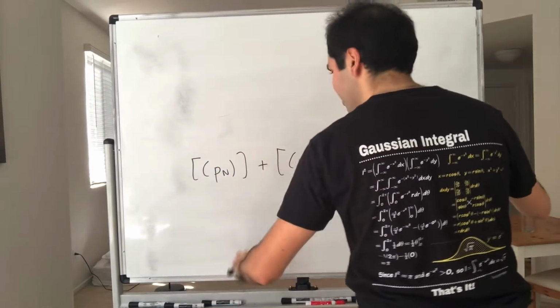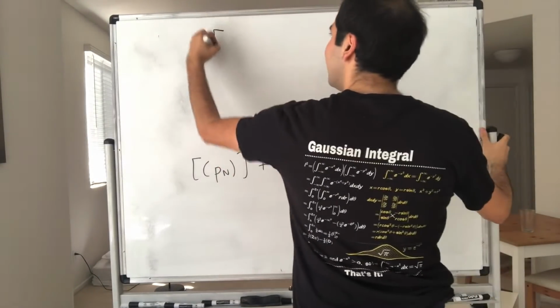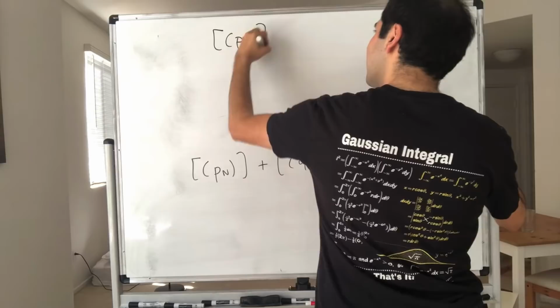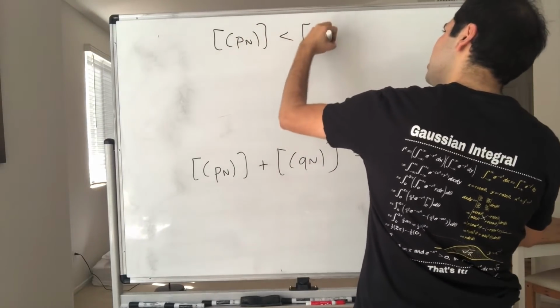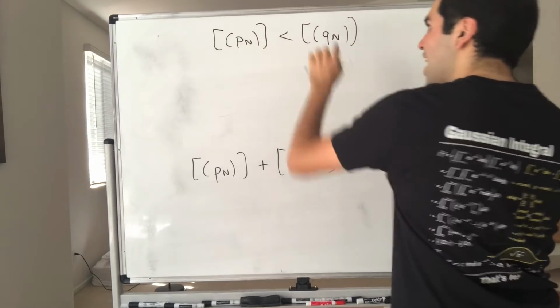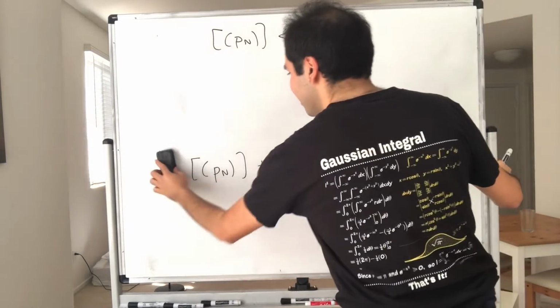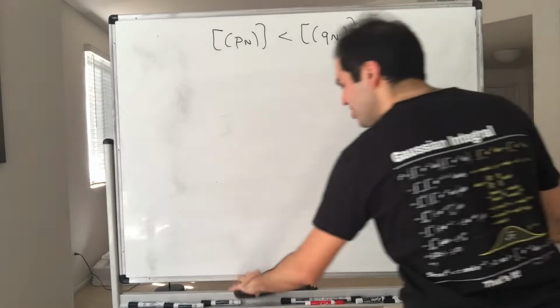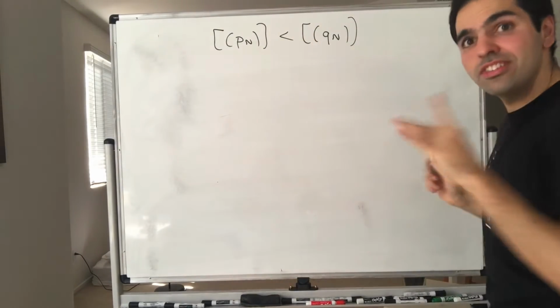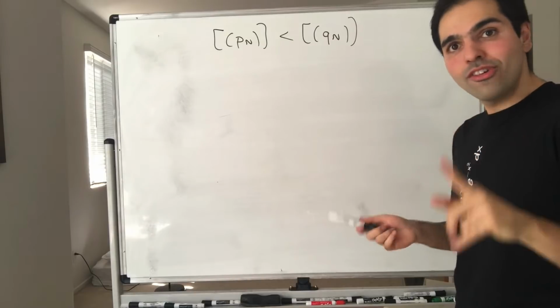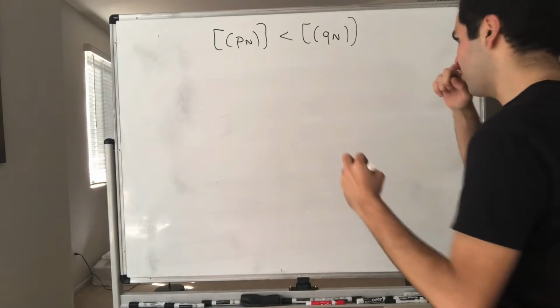So you would like to say that a sequence Pn is less than a sequence Qn if all the values of Pn are less than all the values of Qn. But because we're having Cauchy sequences, this doesn't mean much. However, what we want is something slightly stronger.